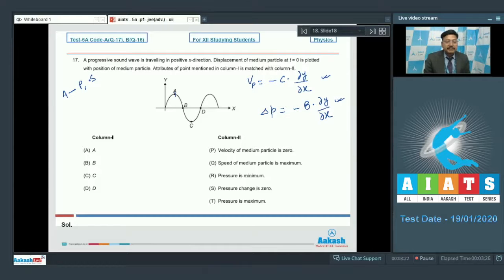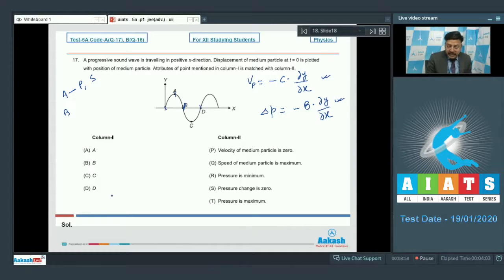These two will match. For B, point B, well, among all the points, the slope has maximum magnitude at these points, right? B and D. So, magnitude wise slope at B and D are equal. Of course, slope at B is negative and slope at D is positive. So, as far as speed goes, speed will be maximum at points B and D both.